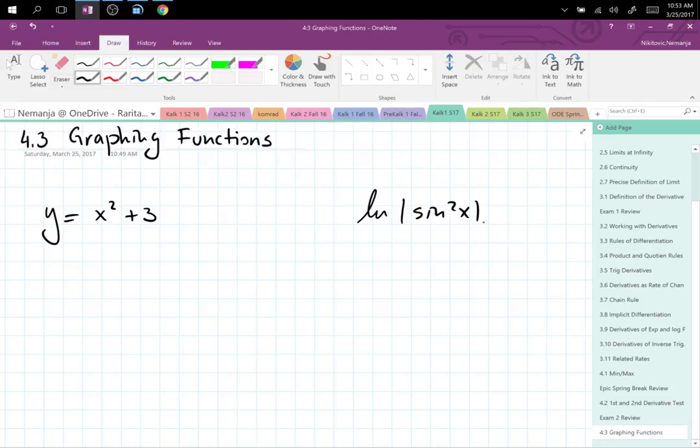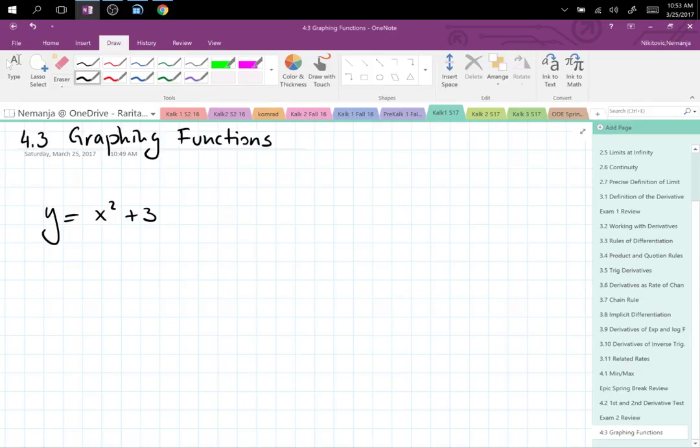These are the kinds of things you would be able to do once you know how to deal with this. The procedure is kind of straightforward. There is a shopping list of about 10 to 13 things that you can calculate, and then you just put that information together on a graph and it works.